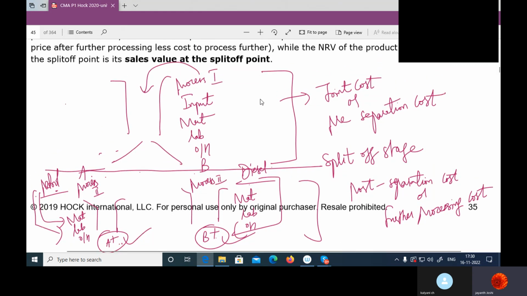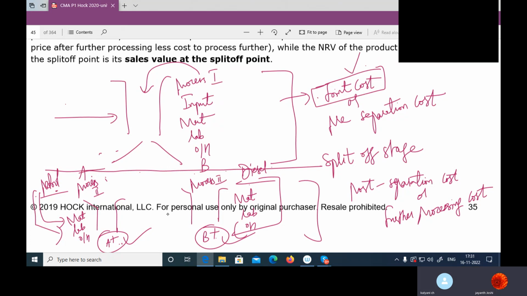But the point here is, the raw material has given me two different products, so I want to know the cost of those two different products, because till here whatever the cost I have incurred is joint cost. What is that? Joint cost.